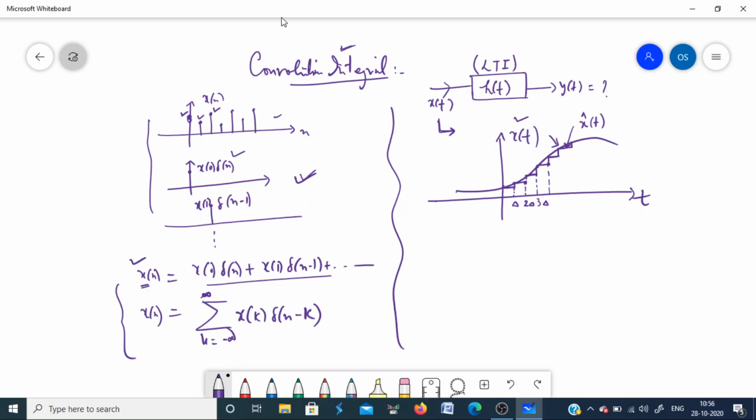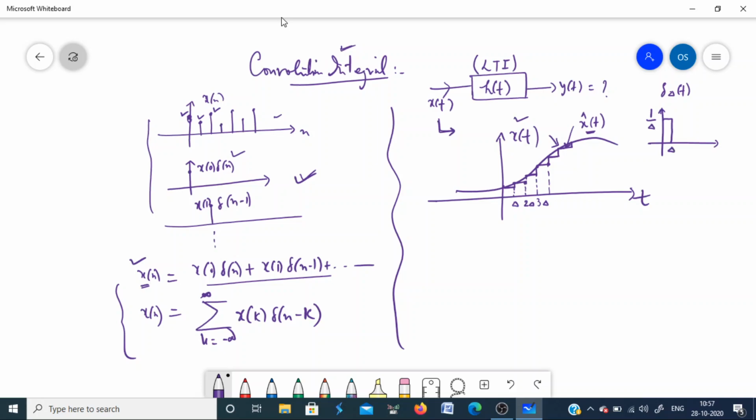Now how can you express x cap (t)? For that we again use the unit impulse signal. When we defined the unit impulse, we first defined an approximation of the ideal impulse, that is delta sub delta (t), which was a function with a height of 1 by delta and a width of delta.